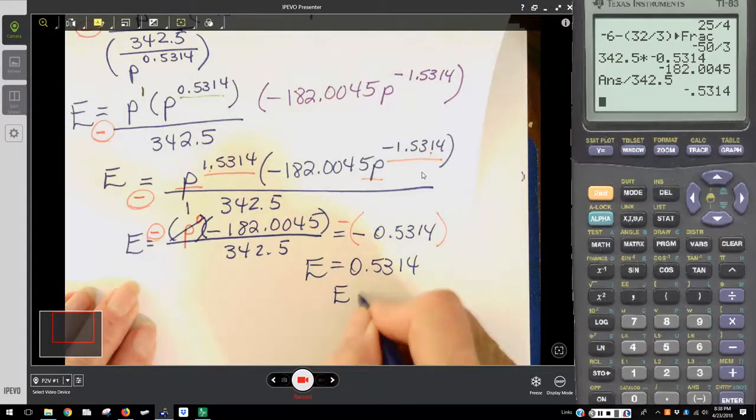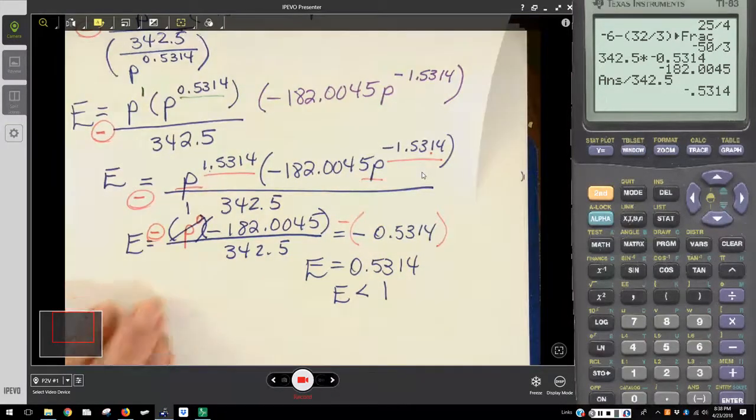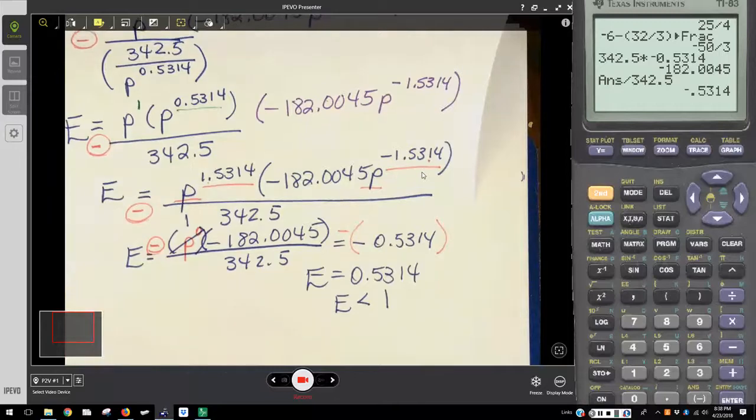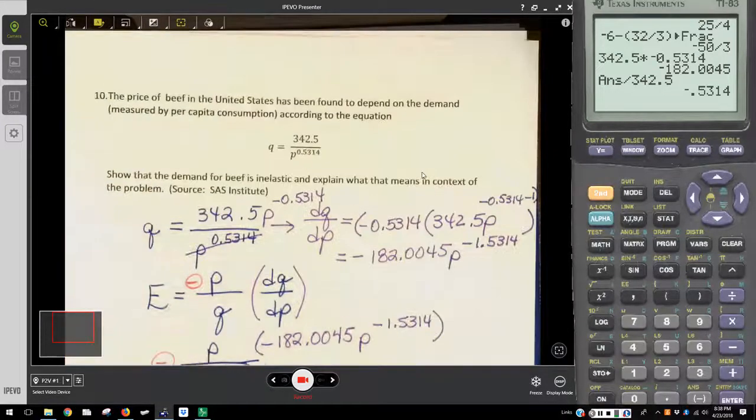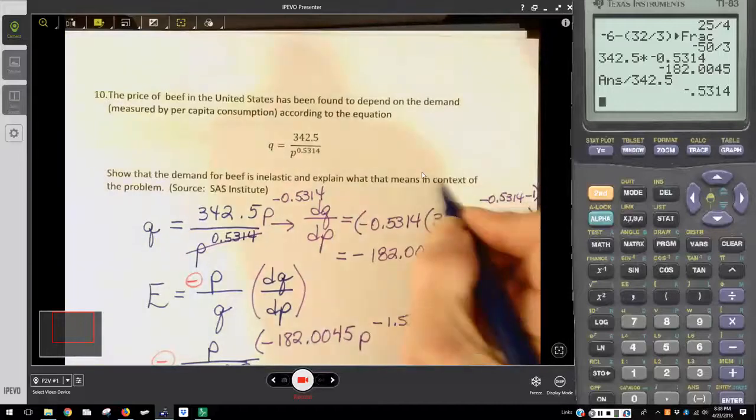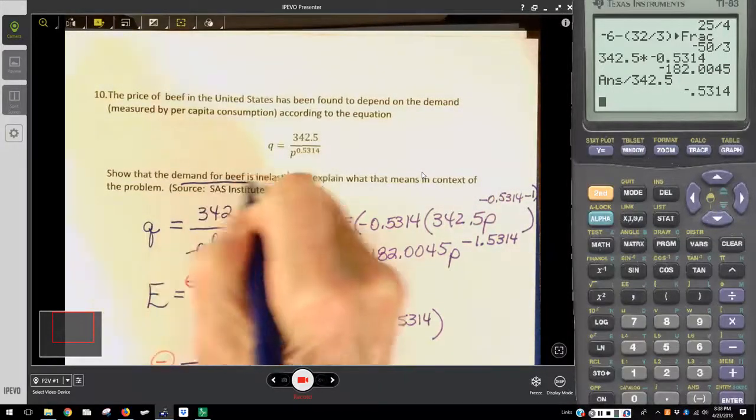And that tells you that E is less than 1. The fact that E is less than 1 tells you that the demand for beef is inelastic.